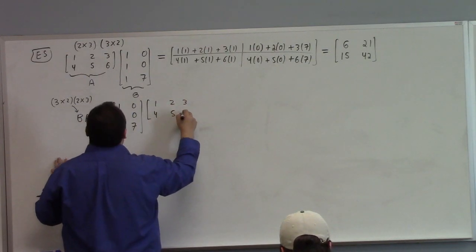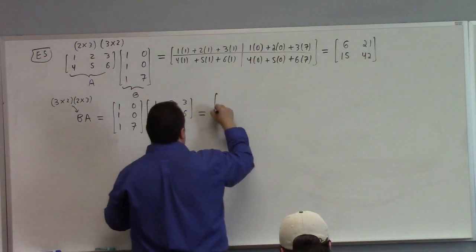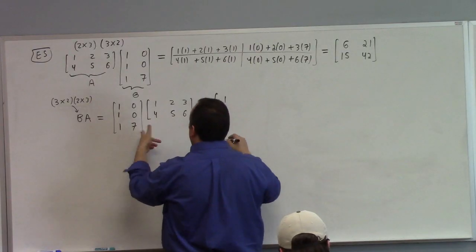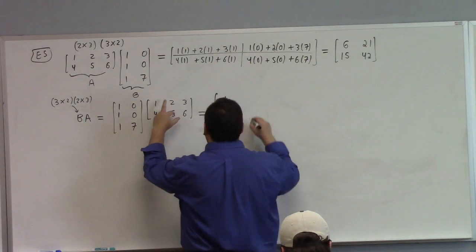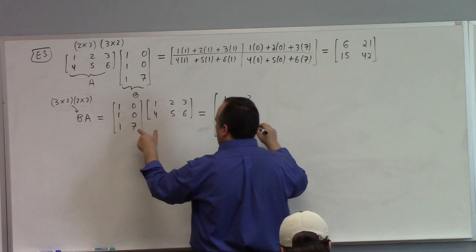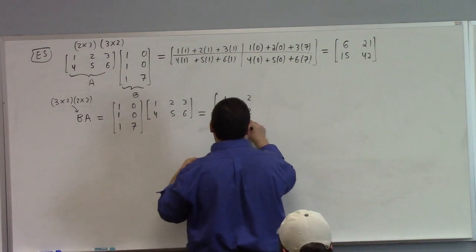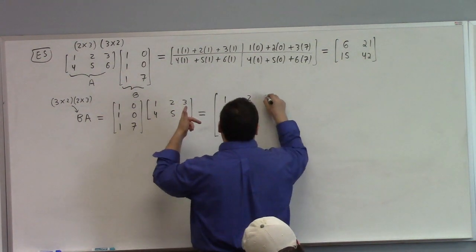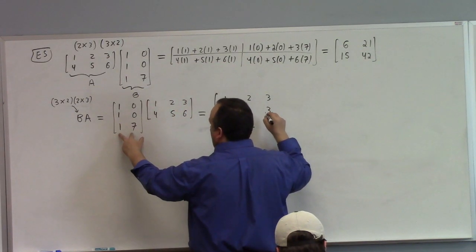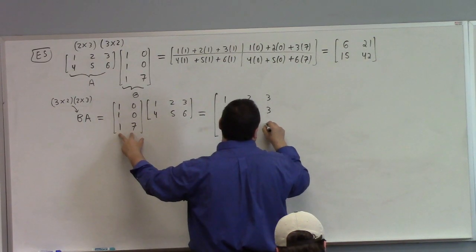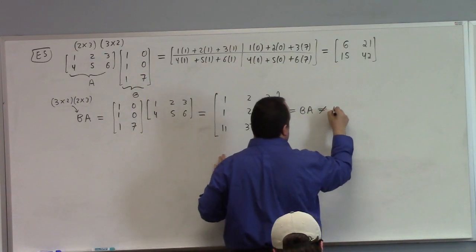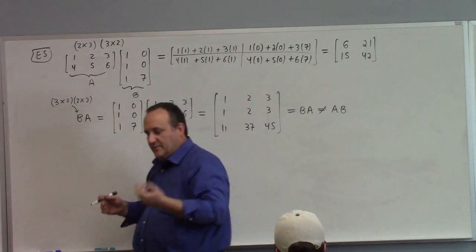I'm going to start just writing the answer down because writing out the steps is annoying. 1, 1, 1, 2, 2, 2 plus 35 is 37, I think. 3, 3, 3 plus 42, 45. So there you go, that's BA, and obviously it's not equal to AB. And you might say, well, that's just because they're not the same size.